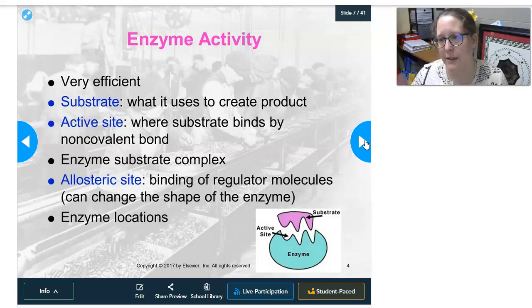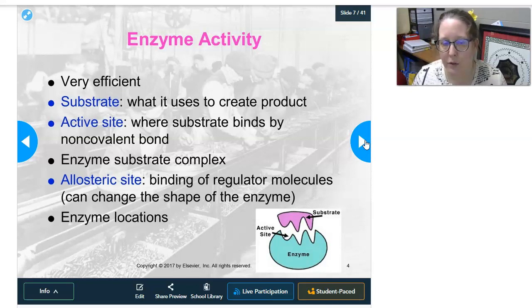What happens is the regulator molecule, which sometimes can be the product, binds on the allosteric site of the enzyme, and that causes the enzyme to change shape and the active site to be hidden, so that basically it turns off the enzyme because there's plenty of product there and you don't need to make any more.